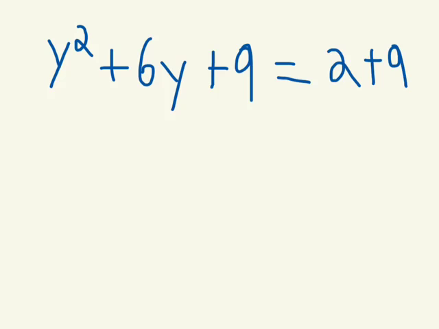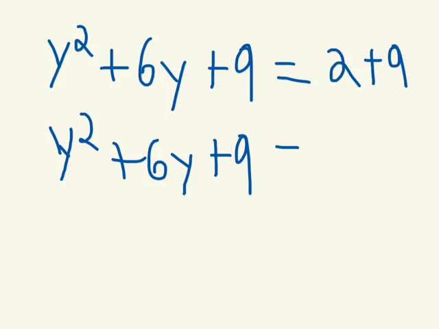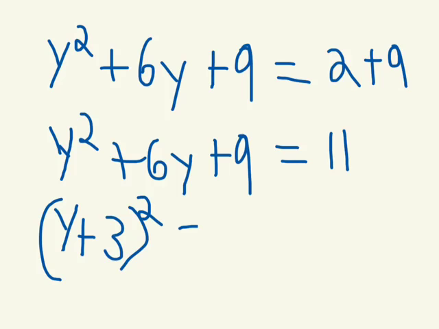Next, we're just going to combine like terms. Y squared plus 6y plus 9 equals 11. Then we're going to factor, which in this case would be y plus 3 squared equals 11.